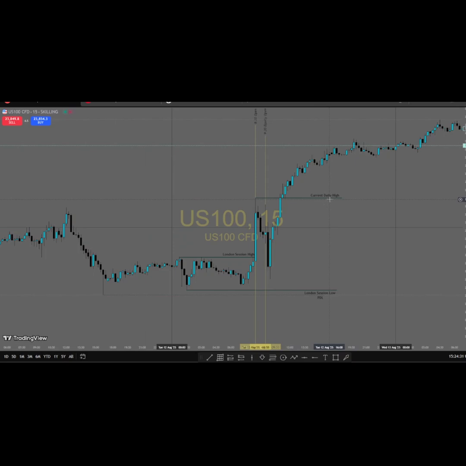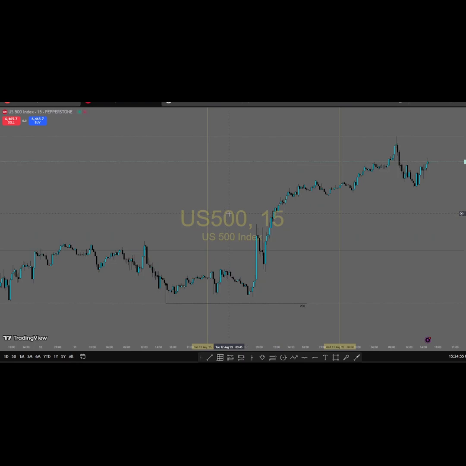So this was my current daily high, and the London session low was the current daily low. Okay. So I will go to US500 and I do the same, because these are correlated markets, and I do my intermarket analysis, because that is how I will hunt down an entry to a specific price point.